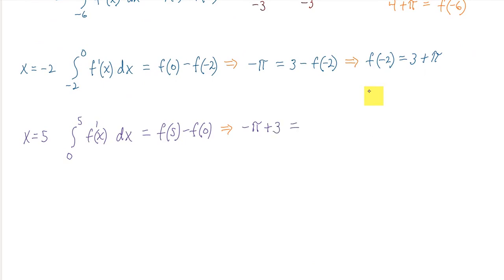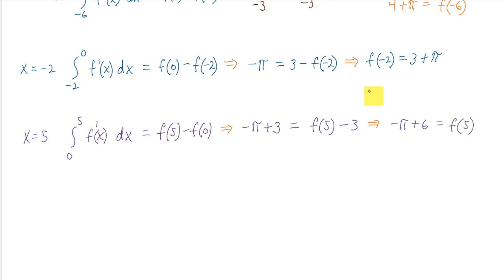The right side is f of 5 minus f of 0, but you remember f of 0 was 3. So all I have to do is add 3 to both sides. I'll go ahead and add 3. And so that's negative pi plus 6 equals f of 5.